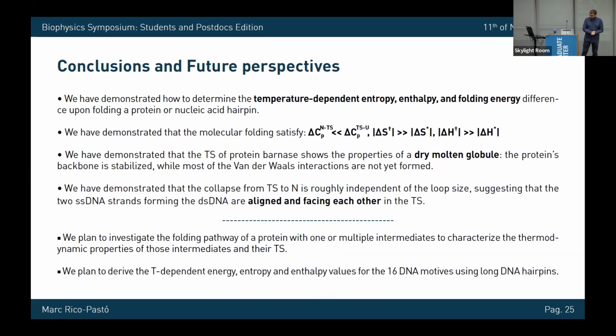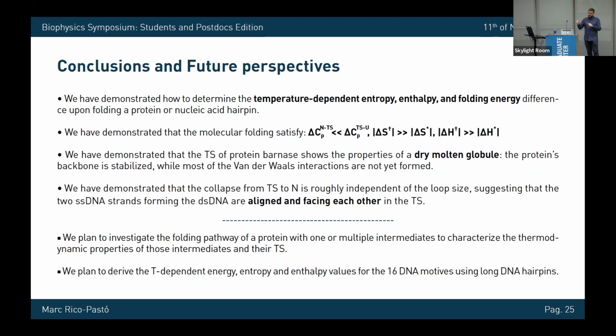To conclude my talk, I would like to remark that we are now doing experiments with a protein that presents an intermediate state. In fact, it presents two intermediate states, and we want to characterize the thermodynamic properties of this intermediate state, but also the transition states for this intermediate state to see if we can see some general feature for this transition state.